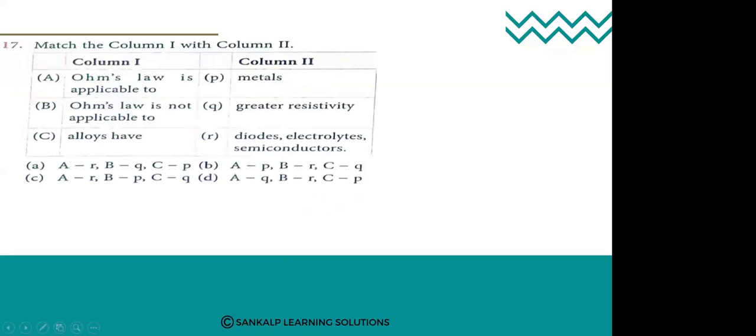Yes, so this you can work out. See, match column 1 with column 2. The first column is given as: Ohm's law is applicable to, Ohm's law is not applicable to, alloys have. Column 2 is given as metals, greater resistivities, diodes, electrolytes, semiconductors. Below you can see the options A, B, C, D, and you can choose which columns match.